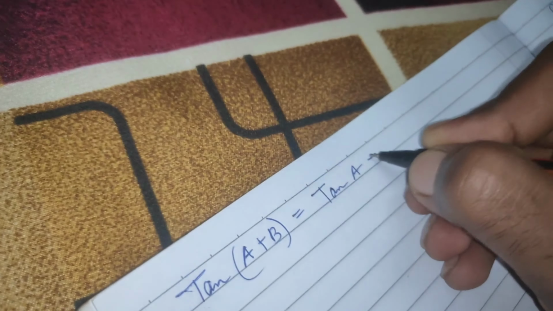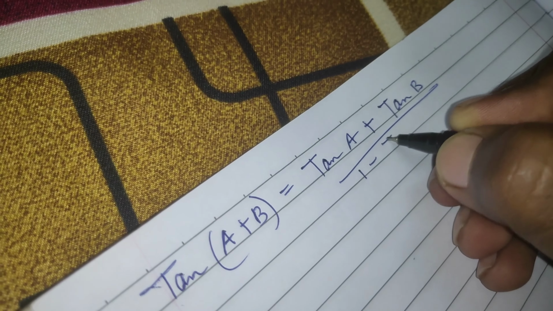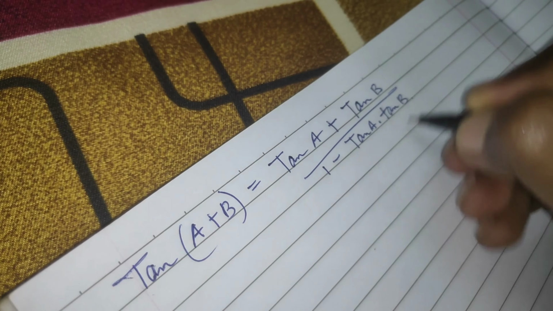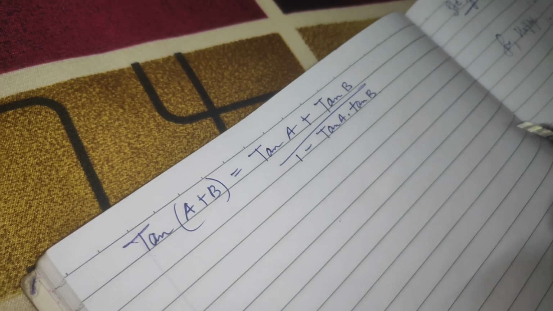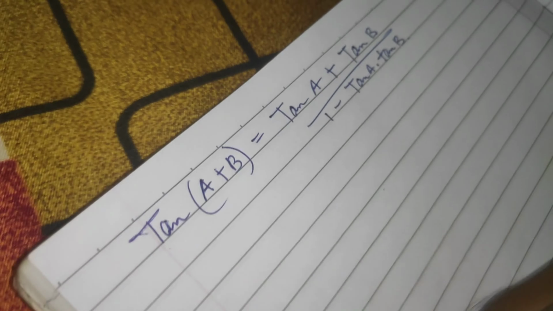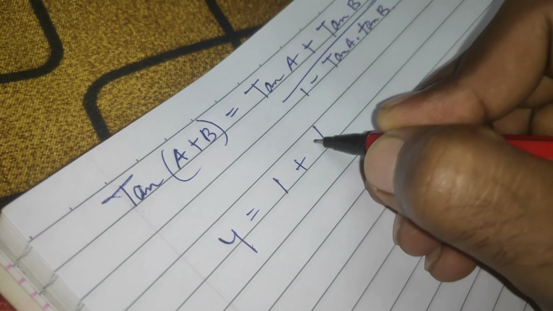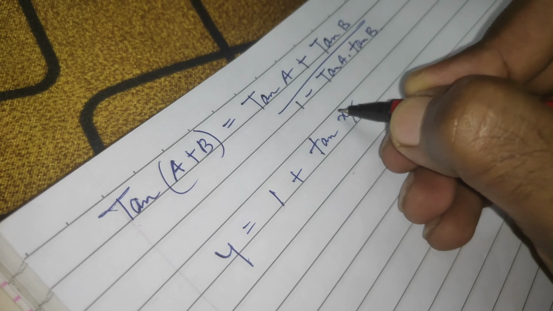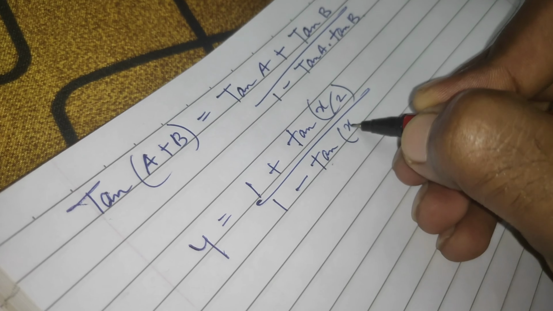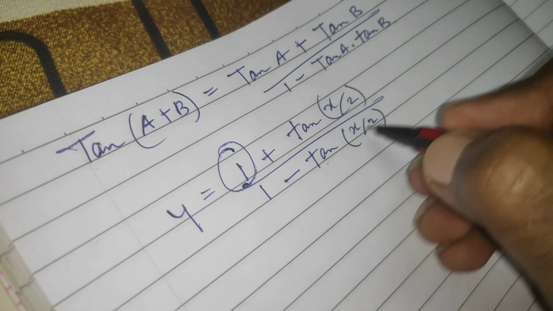So tan (a plus b) is (tan a plus tan b) upon (1 minus tan a into tan b). So now we are going to apply this formula here, as we have y equal to (1 plus tan x by 2) upon (1 minus tan x by 2). So now we have the 1 here also, 1 into 1.